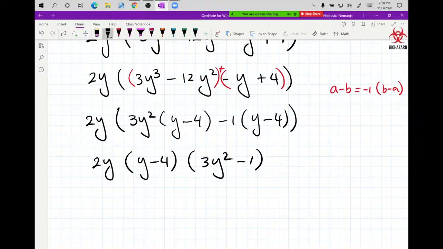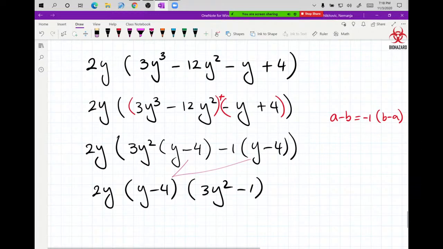So once I did the switch, because I factored out negative 1, now the two parentheses are the same, and when I put them on the pile, meaning factoring them and eliminating them from the terms, the leftover is 3y squared, and then those are the leftovers, minus 1. So this problem is tricky because of this situation where the signs did not cooperate.